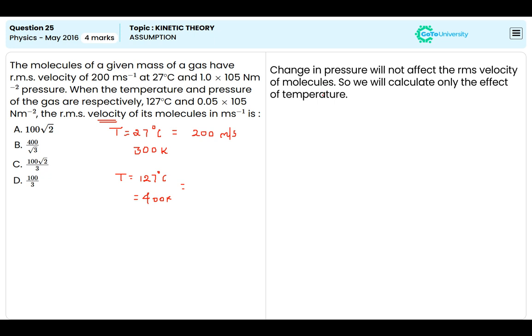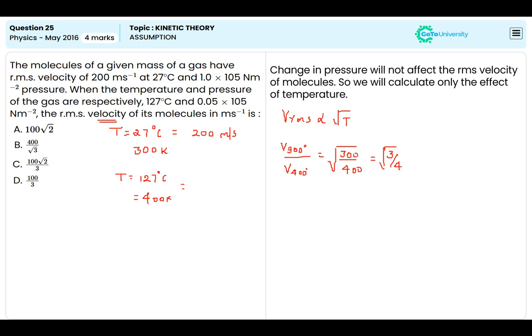That is, the Vrms is directly proportional to the square root of temperature T. Then V at 300 Kelvin divided by V at 400 Kelvin, we can write as under root of 300 divided by 400, which we can write as under root of 3 by 4.